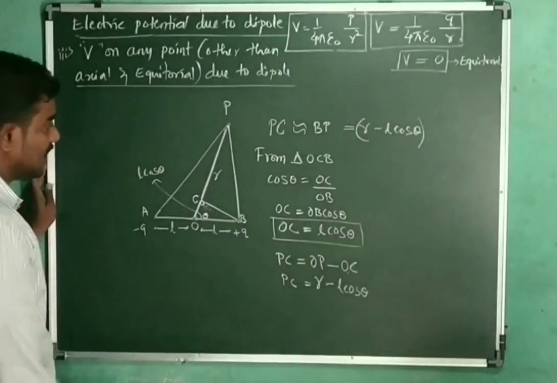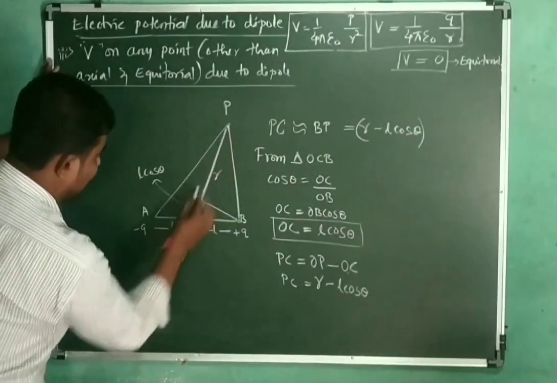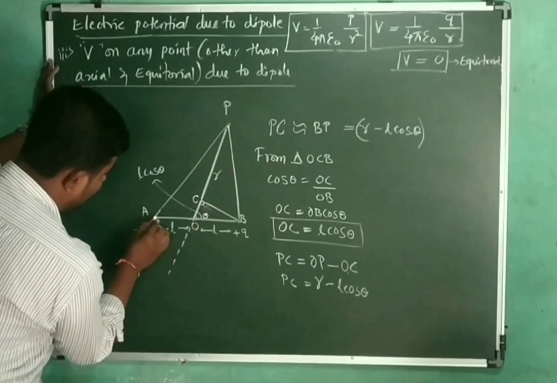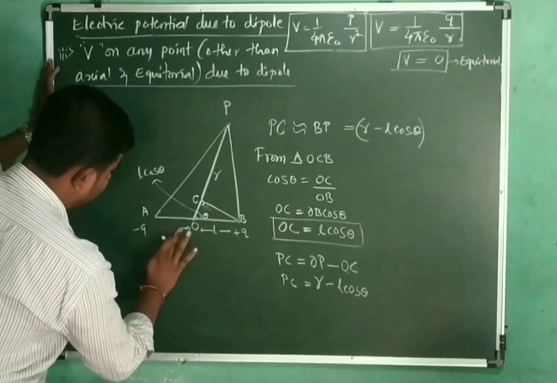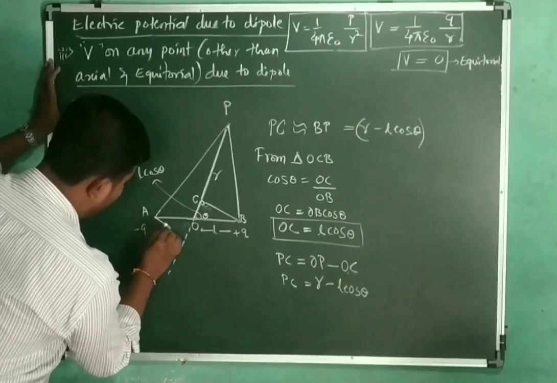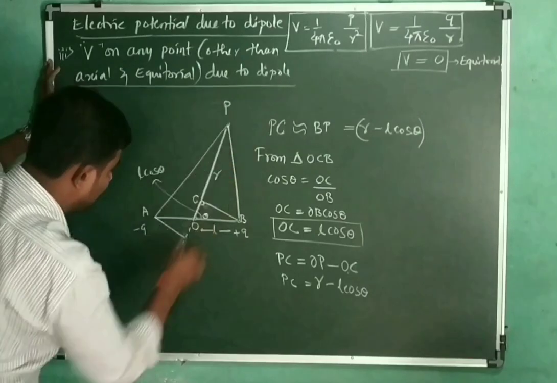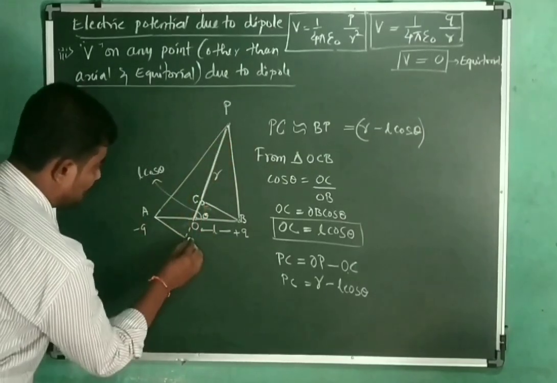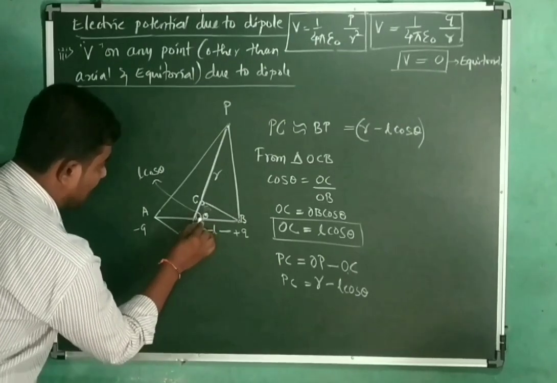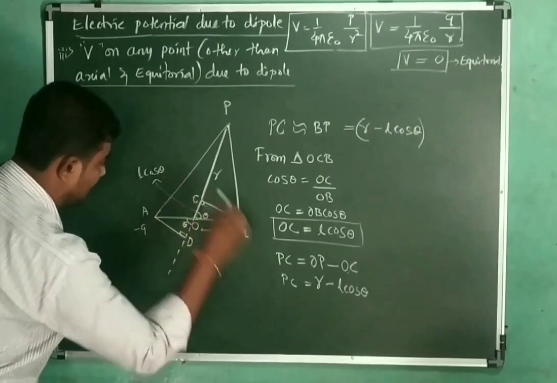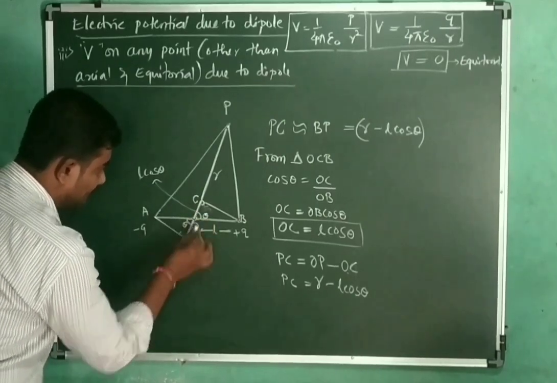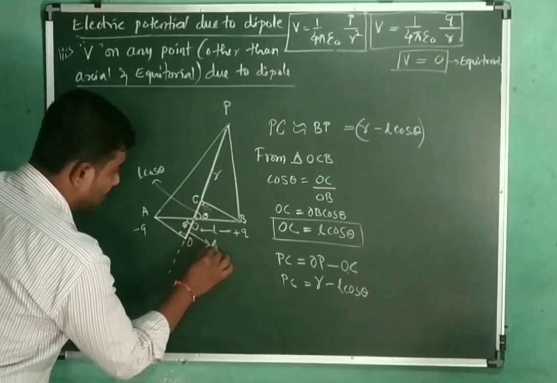Similarly, I will extend this line and draw a perpendicular from point A on the line PO, and call the foot D. Once again this is 90 degrees. If this is angle theta, this is also angle theta. Therefore OD is once again L cos theta.